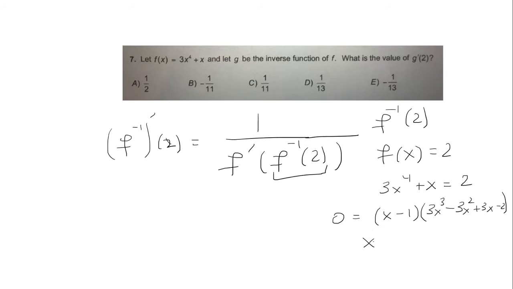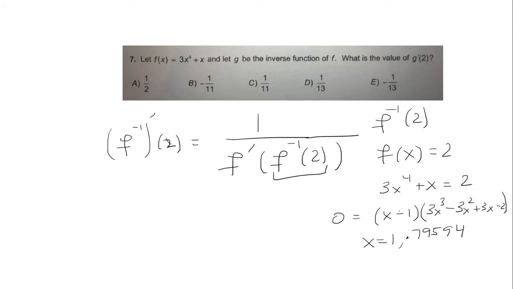So x is 1 and approximately 0.79594. So we get 2 answers from this. So it turns out only one of them is going to work. And I'm sure you can figure out which one that is.